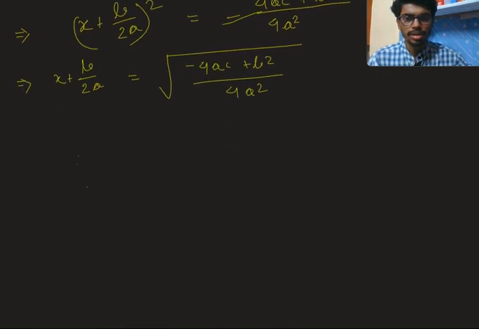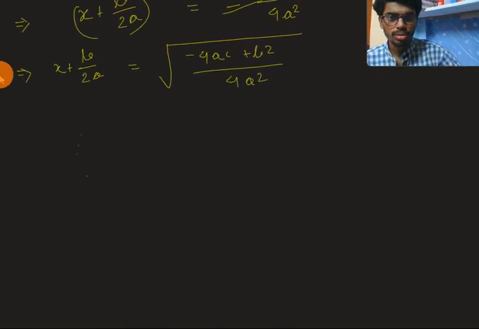We have got that x plus b by 2a, so we'll get that x is equal to minus b by 2a.